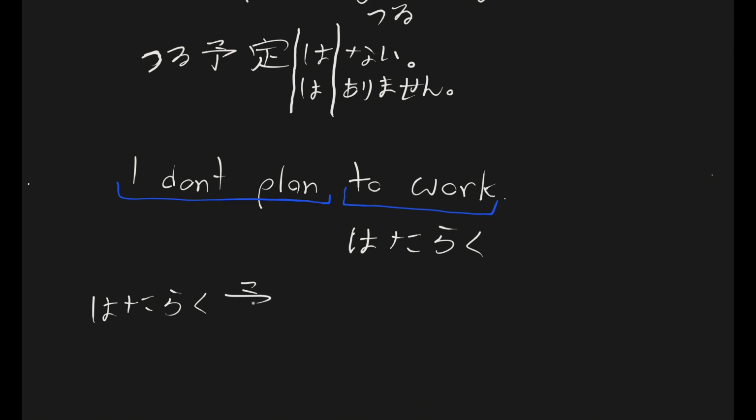Hataraku yote wa, and again, either nai or arimasen.